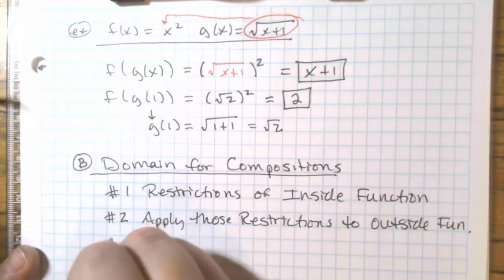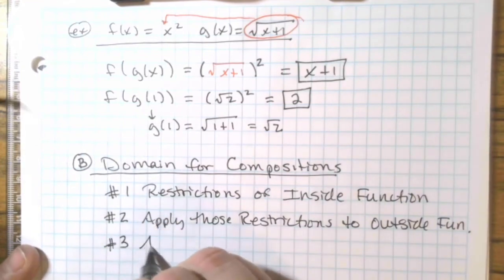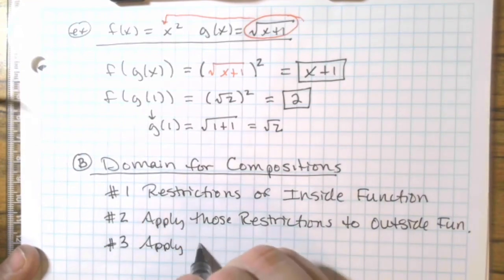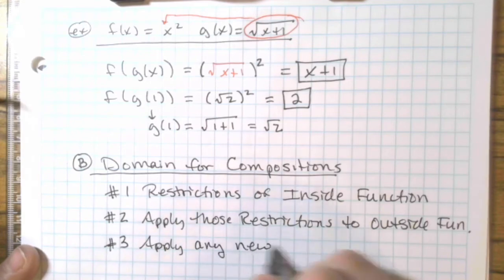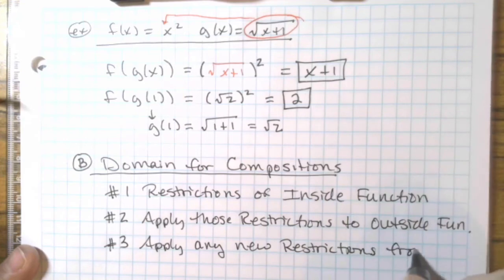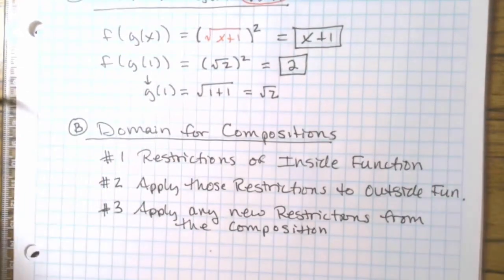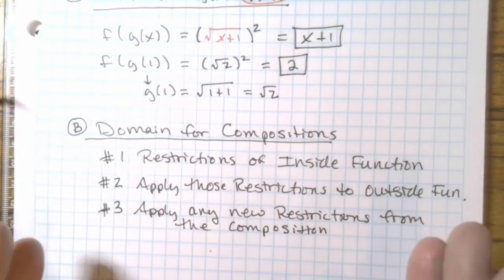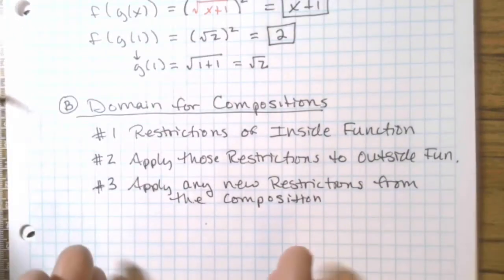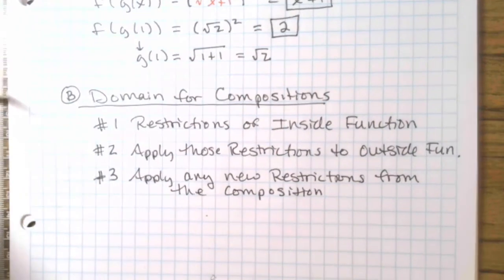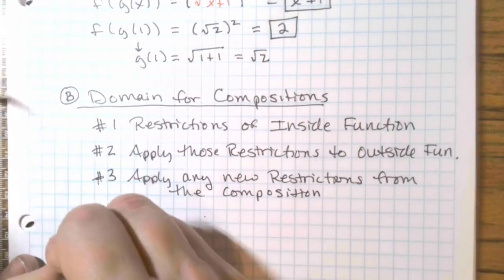And then number 3, you apply any new restrictions from the composition. So it's a little bit like a funnel. You start with all possible numbers, and then it funnels down to what's restricted for the first one, and then it funnels down to what's restricted for the second one, and then it gets even smaller when you add new restrictions to it. All right, let's do an example.